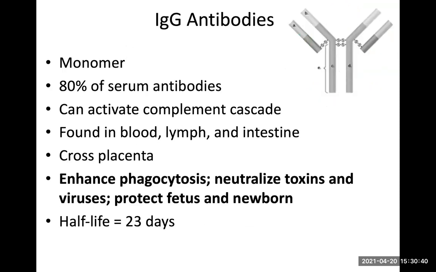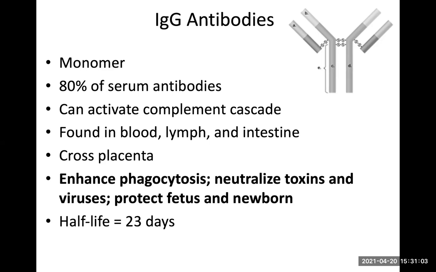Then we have the IgG antibodies, and these will take over. IgM is first in response to infection, and then IgG will end up taking over and be made in a much larger amount. We'll see this in a graph in a moment.